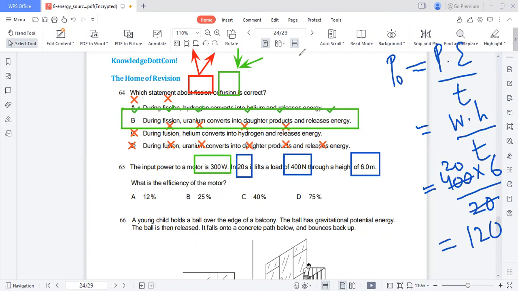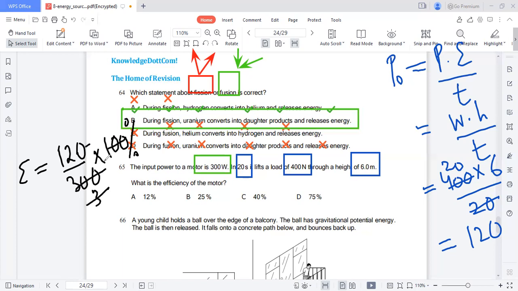So we can find the efficiency: 120 over 300, which is 40. So it is actually 40%. So the correct option is C.